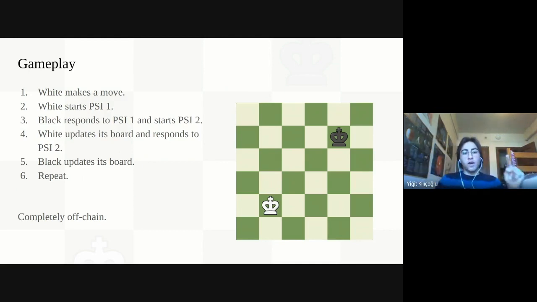So you have that on the white side now. And white, at this point, can update its board because it has completed PSI 1. And it needs to reply to PSI 2 for black to complete its board. So it does that. And once black receives the third and last communication, it is now ready to update its own board, and the cycle just repeats and repeats.